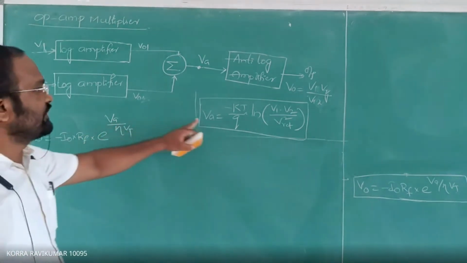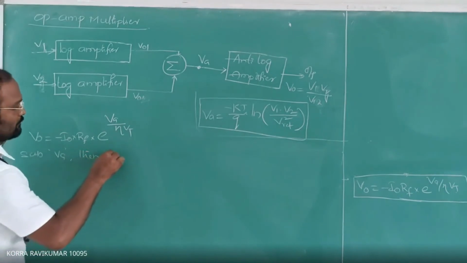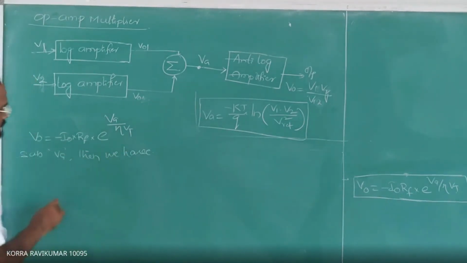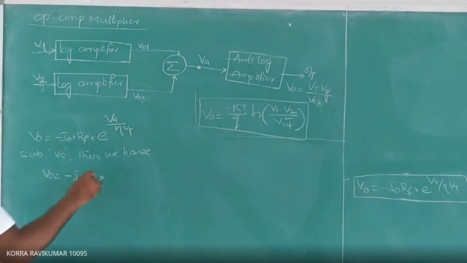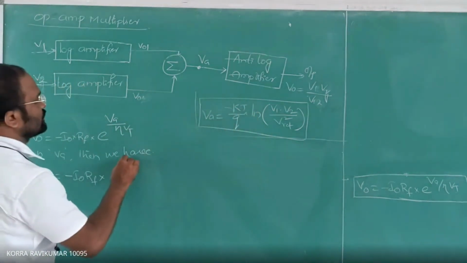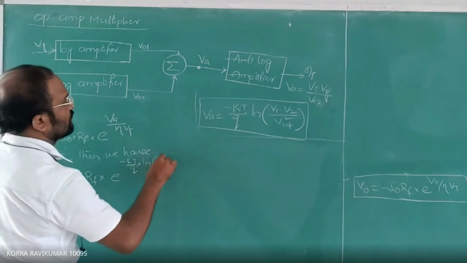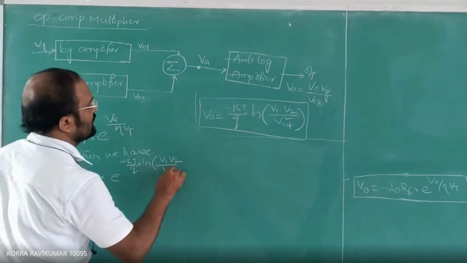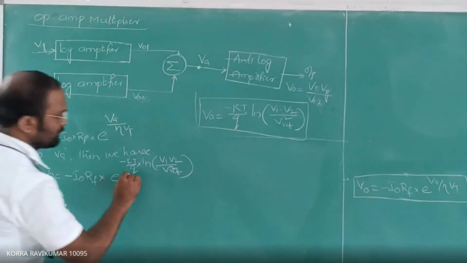In this, we know the value of VA. Substitute VA in this. Then the expression becomes V naught is equals minus I naught into RF into e power VA, and VA is minus Kt by Q into natural logarithm of V1 V2 by V reference square, divided by eta Vt.